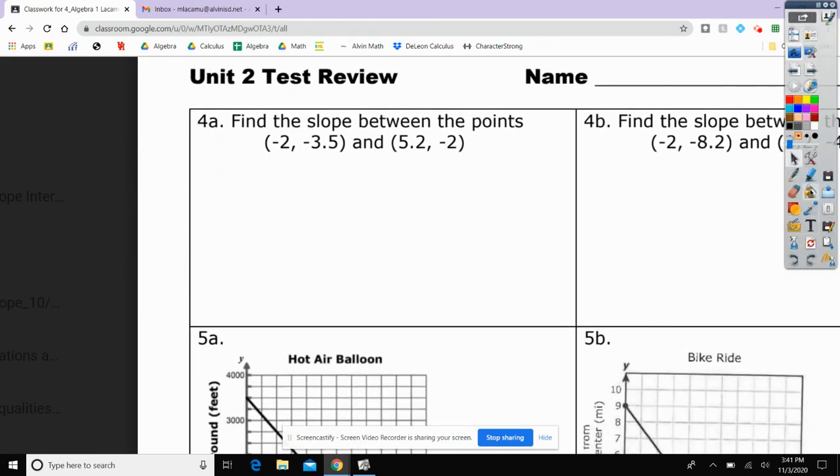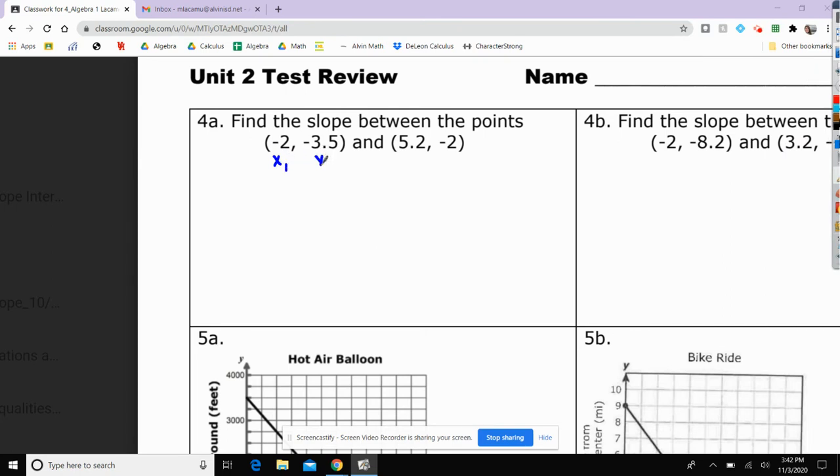Okay, 4a. This is going to be a slope problem, so we'll label x1, y1, x2, y2. And then we use our slope formula. So y2 minus y1 over x2 minus x1, which would be negative 2 minus negative 3.5 over x2, which is 5.2 minus negative 2.